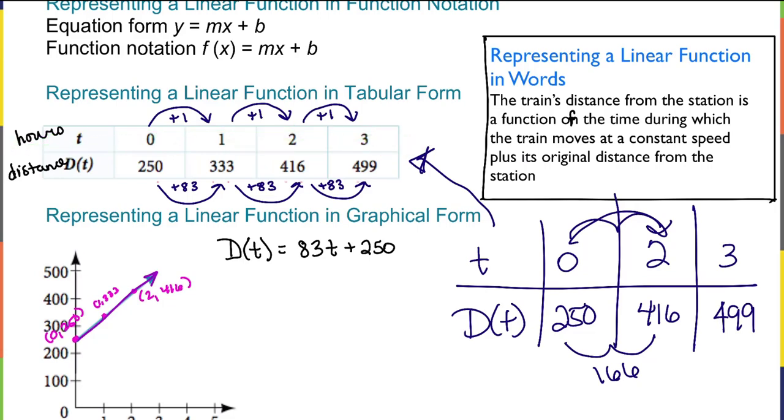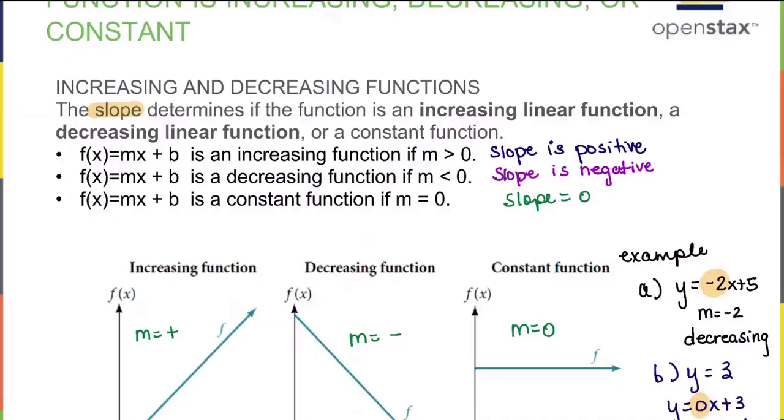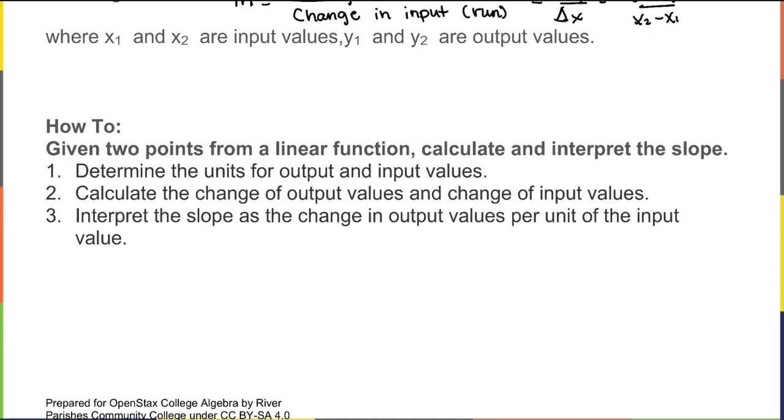Okay, distance and hours. That's the first thing that you do to interpret the slope. Then you actually calculate your m, your change in output values and your change in input values, and you get whatever that ratio is. And then once you do that, you interpret the slope as a change in output values per the change in input values.